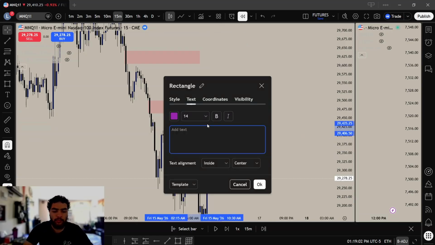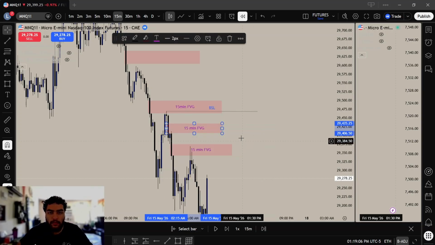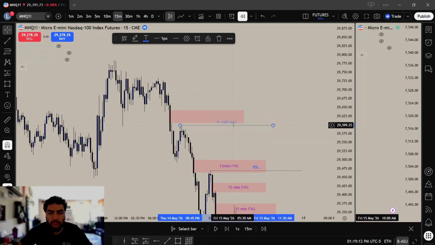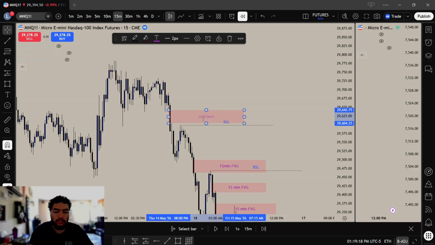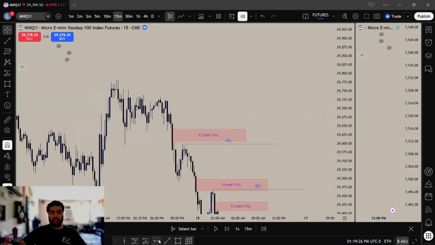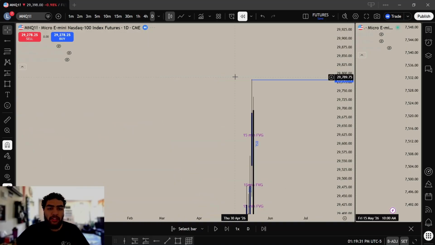We got another swing high right here too, and then a 15-minute fair value gap. And then we obviously have swing highs up here where you're just going to go for the biggest swing high right there for the day.